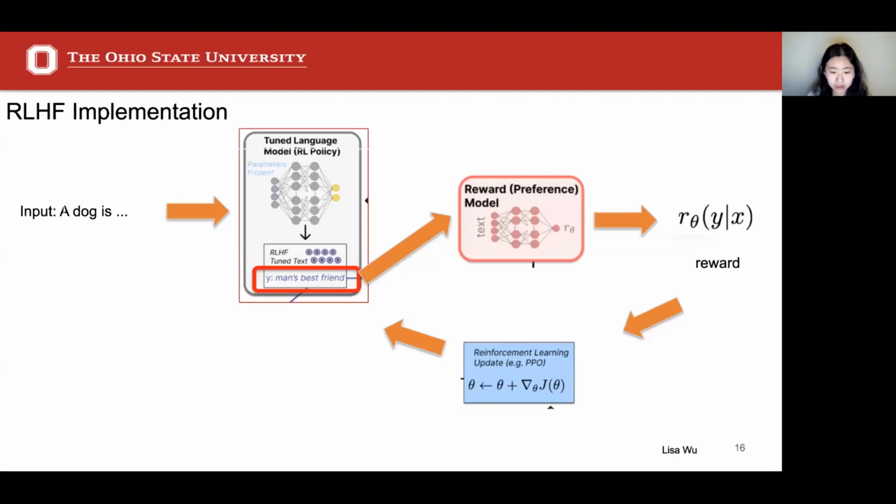You may wonder how RLHF is exactly implemented. Given a prompt input from the dataset, the text y is generated by the current iteration of the fine-tuned policy, concatenated with the original prompt. The text is passed to the reward model to return a scalar reward, indicating the quality of the generated output.